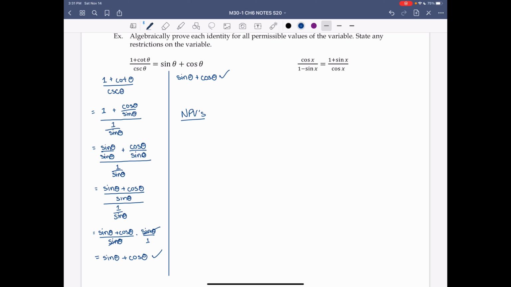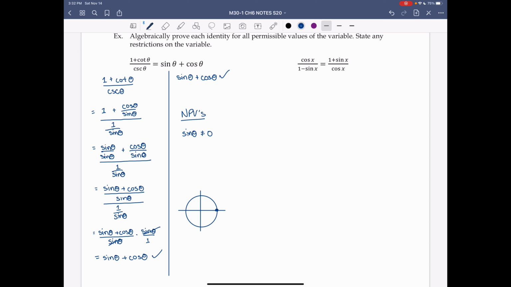What do we have as denominators? We have sine here for cotan, and we have sine here for cosecant. So they're both the same. Sine theta cannot equal 0. When the sine equals 0, sine is the y value, so that equals 0 at the x-axis, which is here.